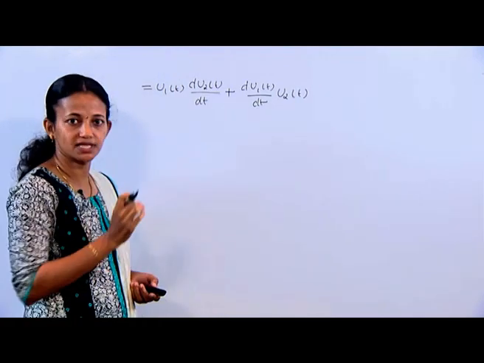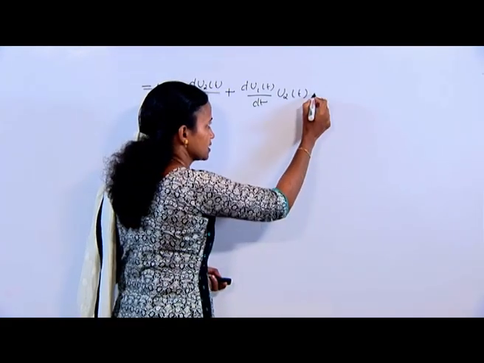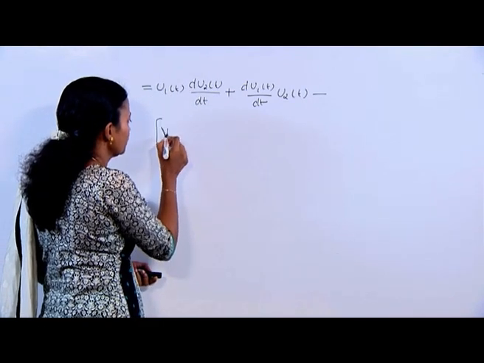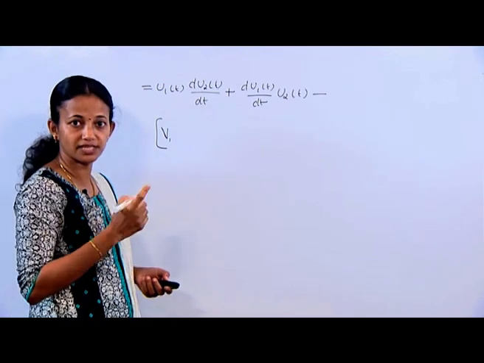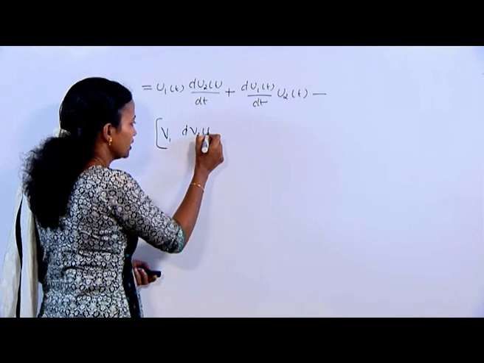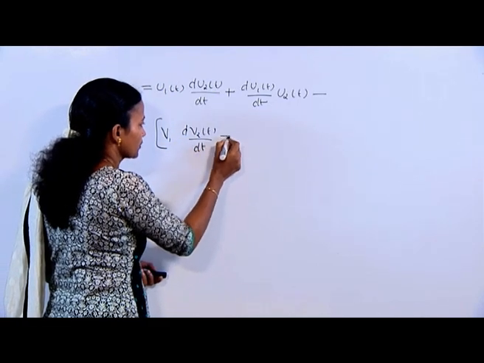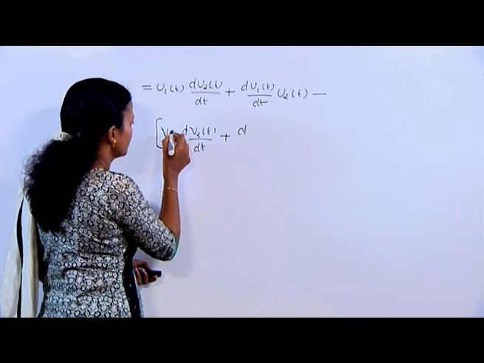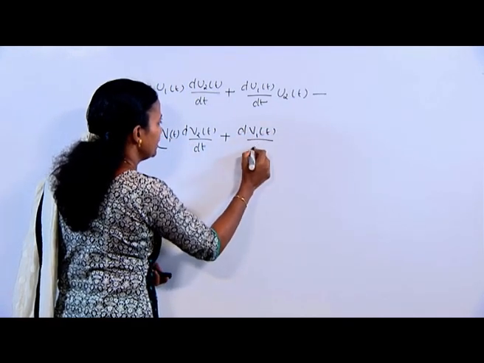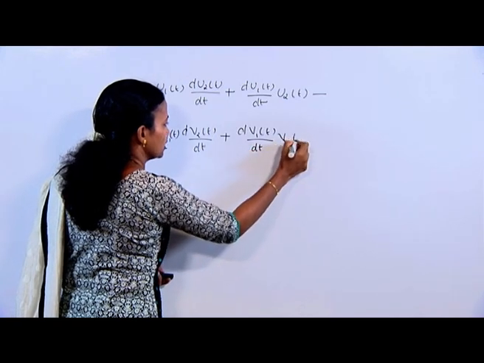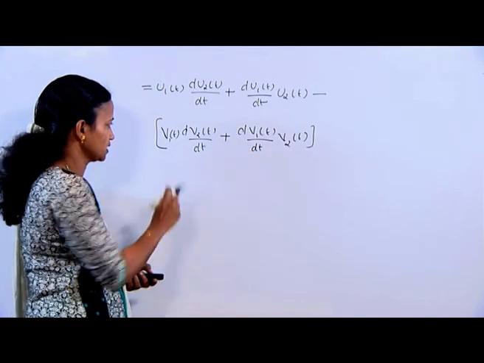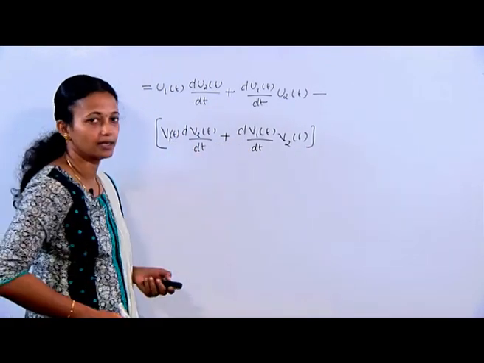This is our first term differentiation, minus, in the brackets, v1 into dv2(t)/dt plus dv1(t)/dt into v2(t). This is the differentiation of the second term, that is, first into derivative of the second, and so on.